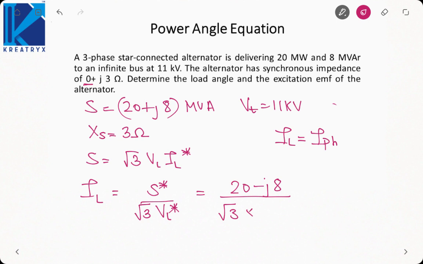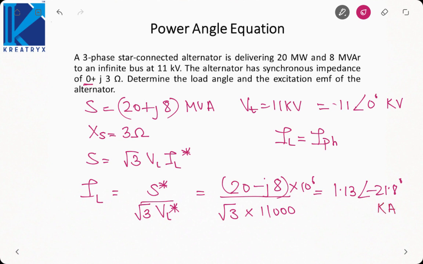VL is given to me as 11 kV. So it does not get affected by conjugate. Why? Because I am assuming VL as reference, which means it is 11 angle 0 kV. So conjugate shall remain the same. So IL comes out to be 1.13 angle minus 21.8 degree kiloampere.